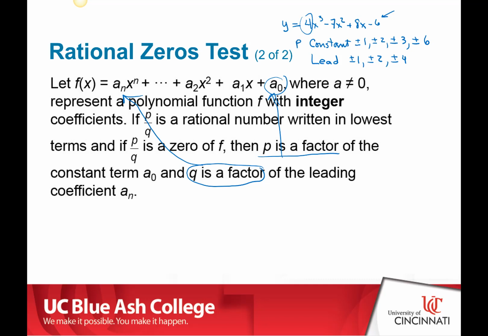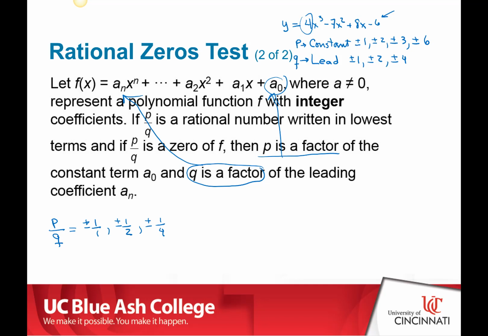P is the constant, Q is the lead, and what we're going to do is create a whole series of fractions by mixing and matching the P and the Q from the list up there. So we can do plus or minus 1 over 1, plus or minus 1 over 2, plus or minus 1 over 4.